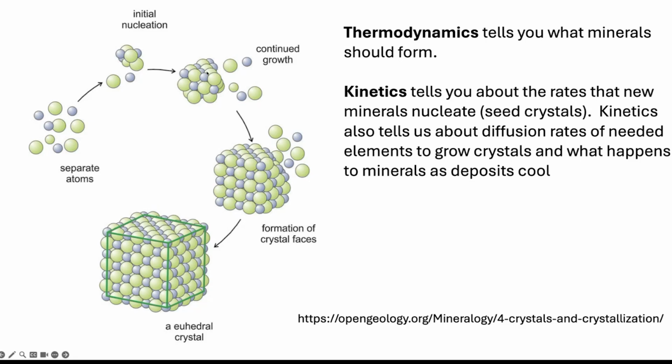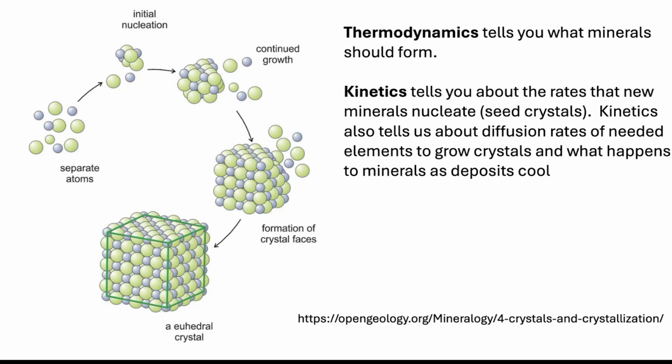Once you have that nucleus, other ions will be attracted to it, and then eventually you end up with a euhedral crystal, perhaps. All of that is described in terms of Gibbs free energy, whether or not it should happen. It doesn't tell you if it's going to happen, but you do know that at higher temperatures, things tend towards equilibrium. At lower temperatures, they don't.